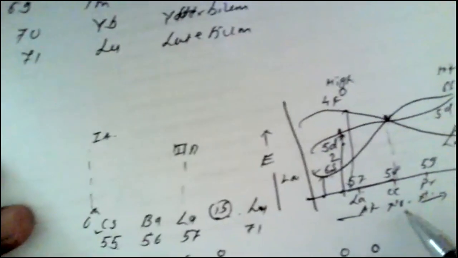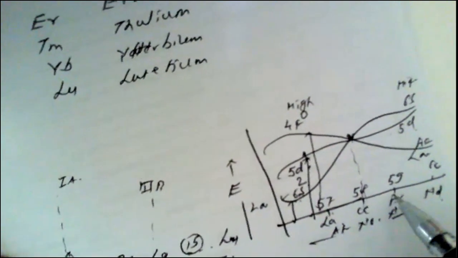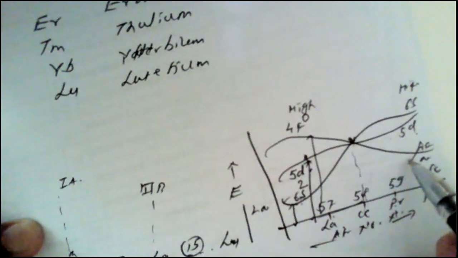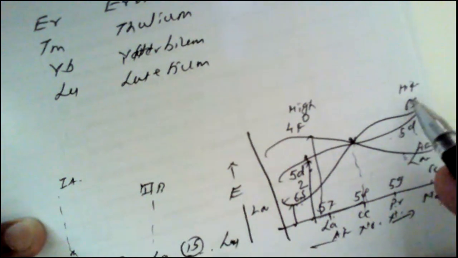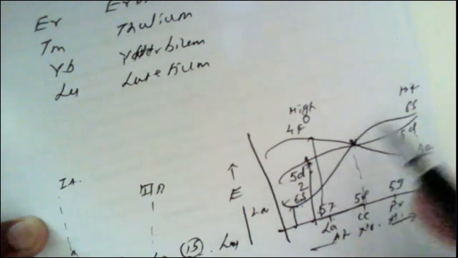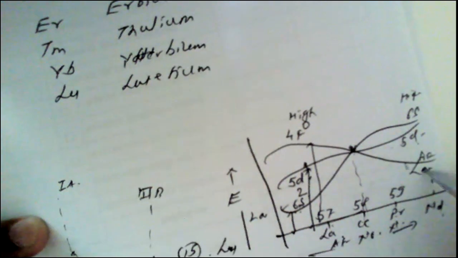Now, if we move one step further, that is from lanthanum and cerium to praseodymium, what will happen at praseodymium? At praseodymium, the 4f orbital has lower energy than 5d, and the 6s orbital is already filled at barium. So no question about 6s. We have to think about only 5d and 4f.